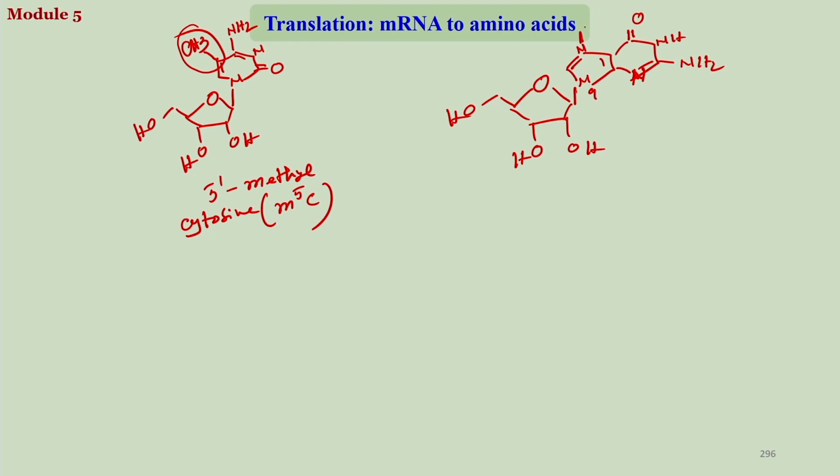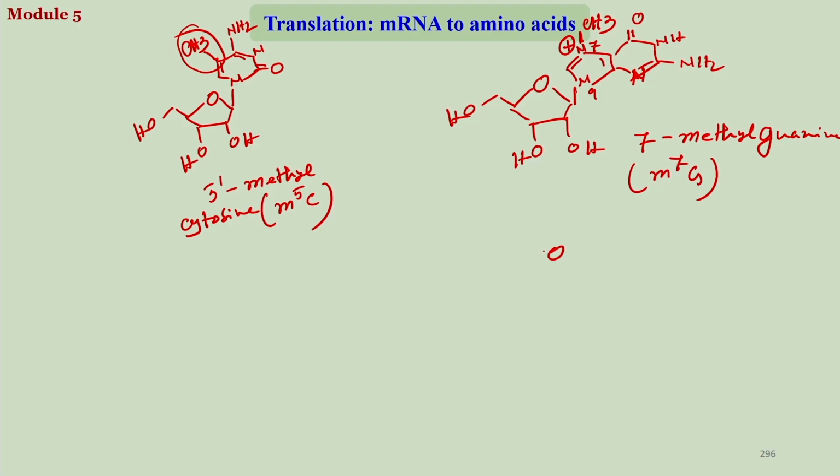So 8, and this is the 7th position. So 7-methyl guanine would be methylation at the N7. Methylation at the N7 of guanine will give you the 7-methyl guanine, with M for methylation at the 7th position of guanine. This methylation you have seen in some other places like during the DNA sequencing also. So this is one kind of modification.